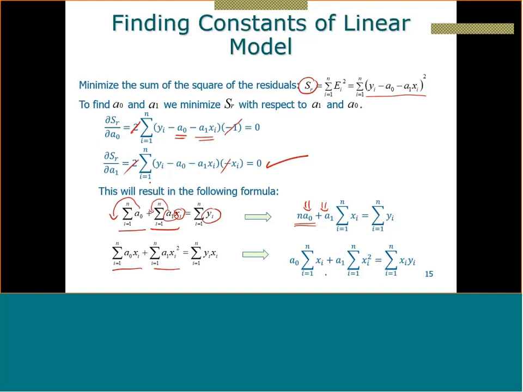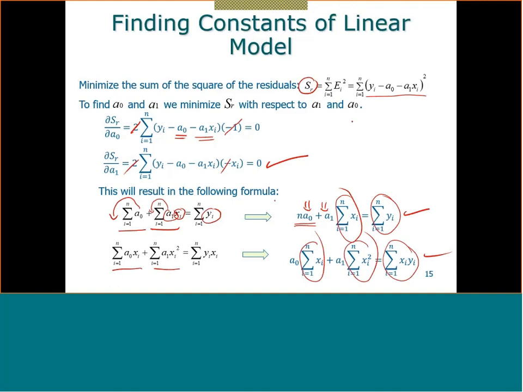I will take the constant outside, so a0 outside, summation of x of i, and a1 outside. So these are two equations I have, and I can easily solve them. Remember, this, and this, and this, and this will be numbers. All these will be numbers.